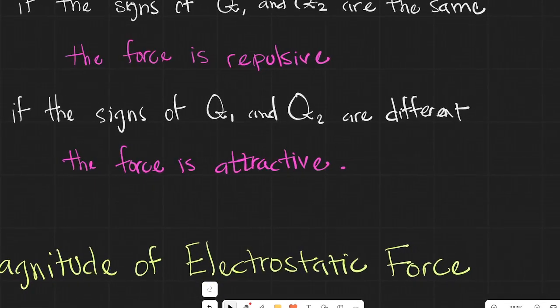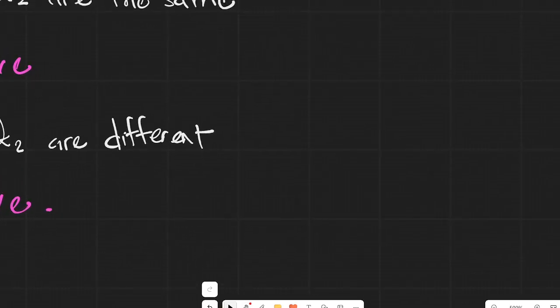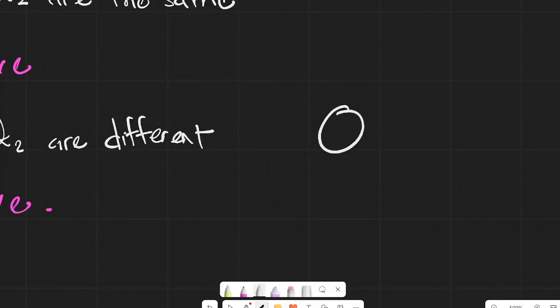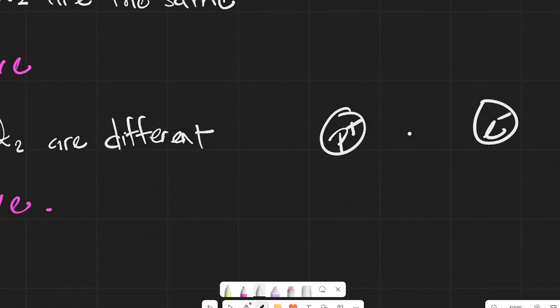However, if the signs are opposite, so let's say you have a proton and an electron, then we've got our positively charged proton in some vicinity of our negatively charged electron, separated by this distance r.